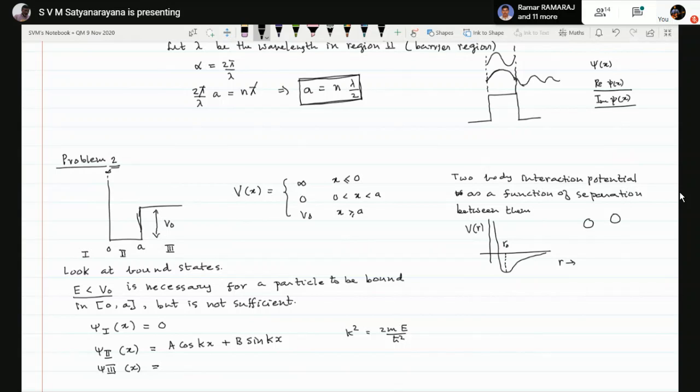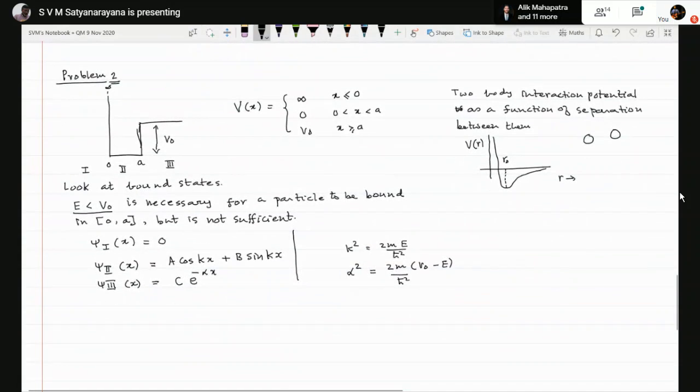So you can define alpha square is equal to 2m times V naught minus E divided by h bar square, and you can write this as C into e to the power minus alpha x. I don't have plus alpha x. If I have plus alpha x, then as x goes to infinity, this wave function will go to infinity. So that is not there. So these are the wave functions of the three regions.